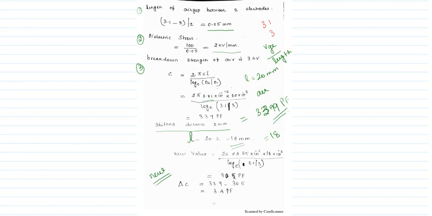We have to calculate the new capacitance, again 2 pi epsilon L by log of d2 by d1, only with the value 18. We will have 30.5 picofarad. The earlier value was 33.9, so subtracting the new one, 30.5, you will get 3.4 picofarad. That is how we calculate the change in capacitance.